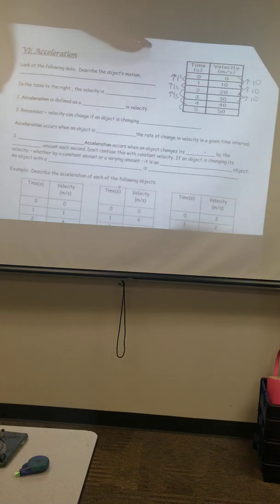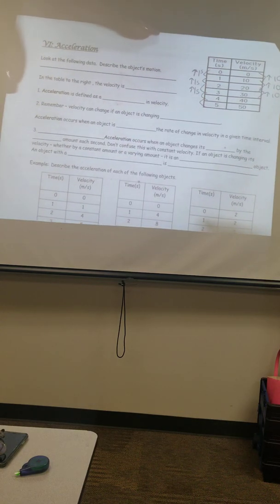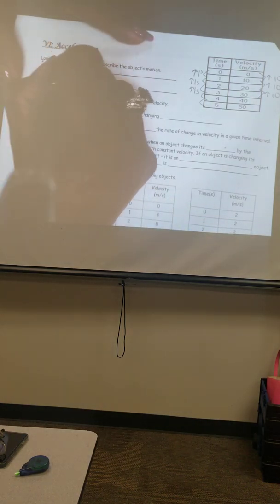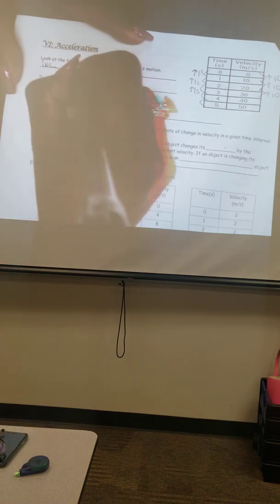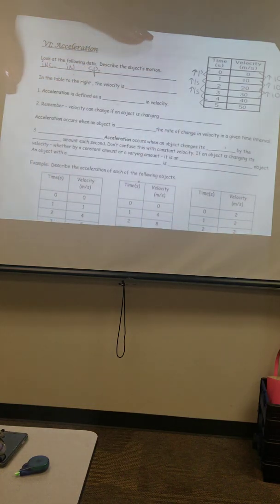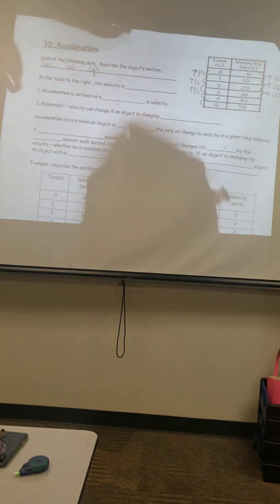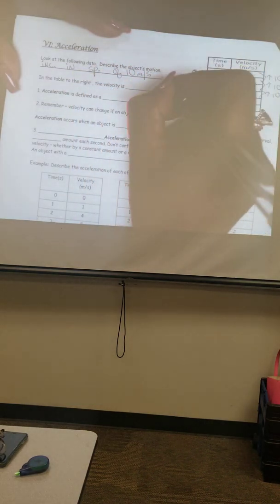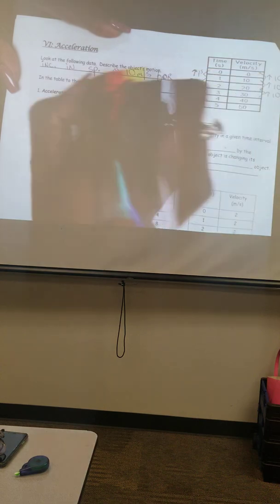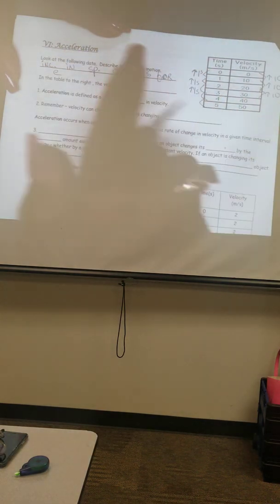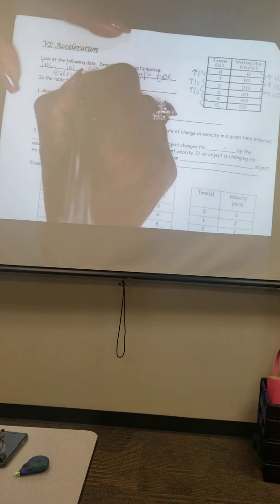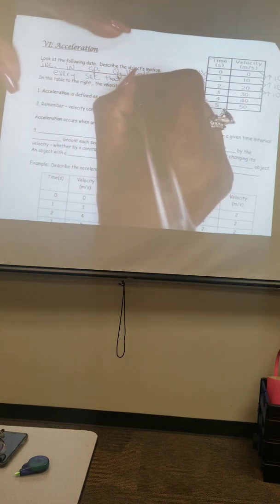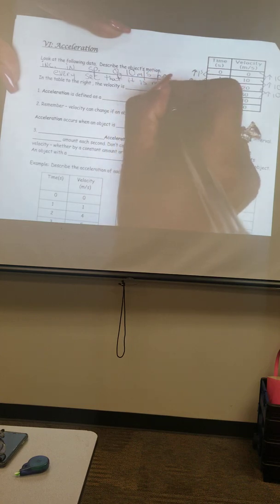So when describing the object's motion here, I can say that there is an increase in speed, my abbreviation is SP, of 10 meters per second for every second that it is moving.